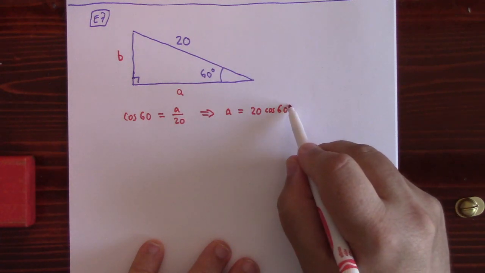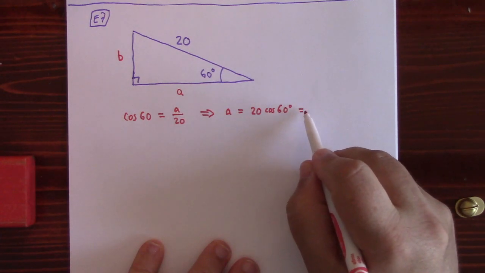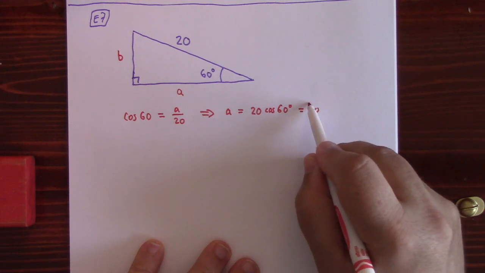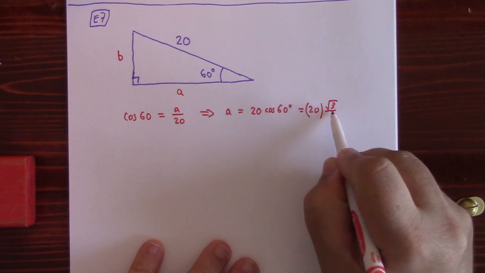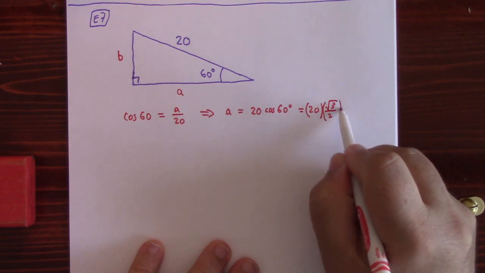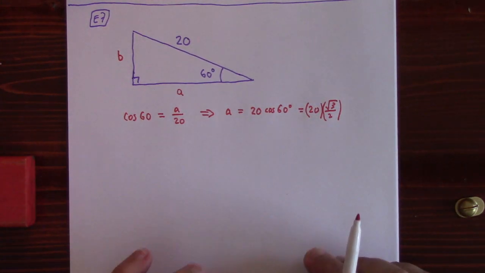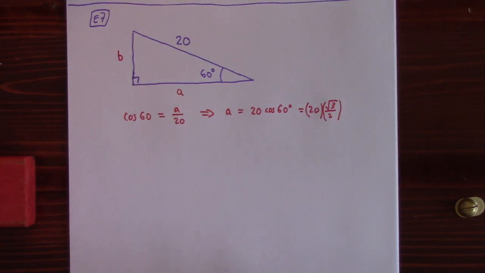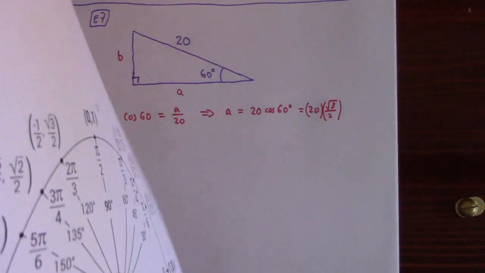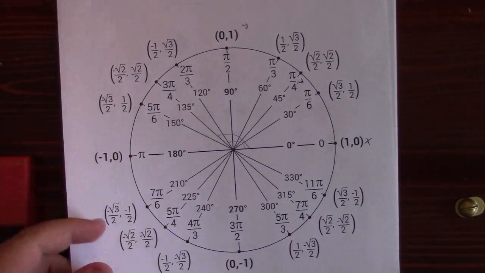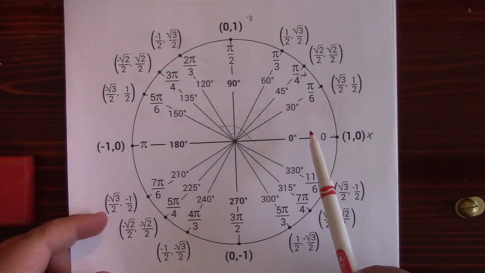And of course I could use a calculator, but that's a special angle. I do intend for you to have that, you know, right triangle special. This deal here, right? So, where are we?